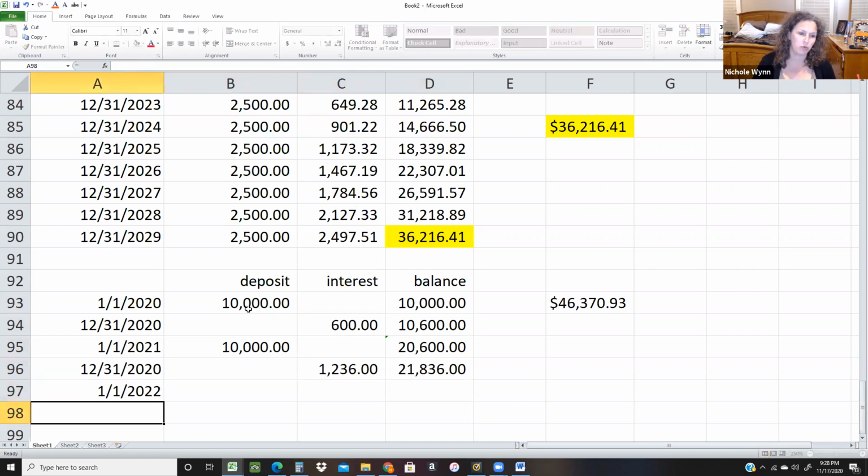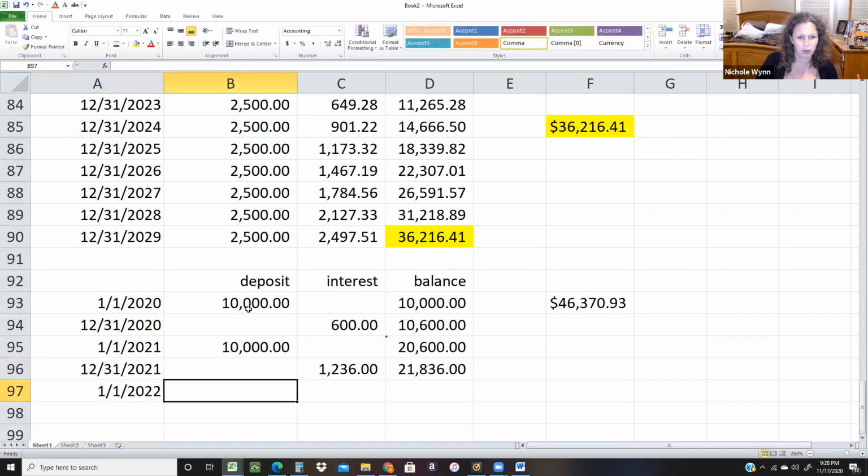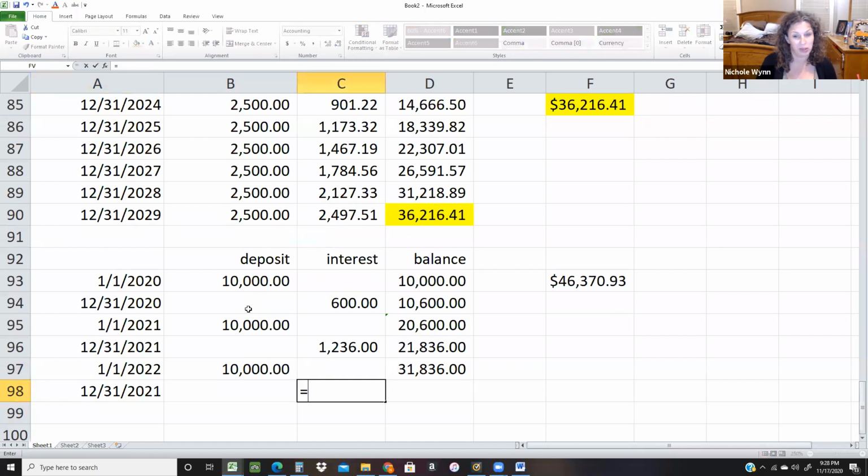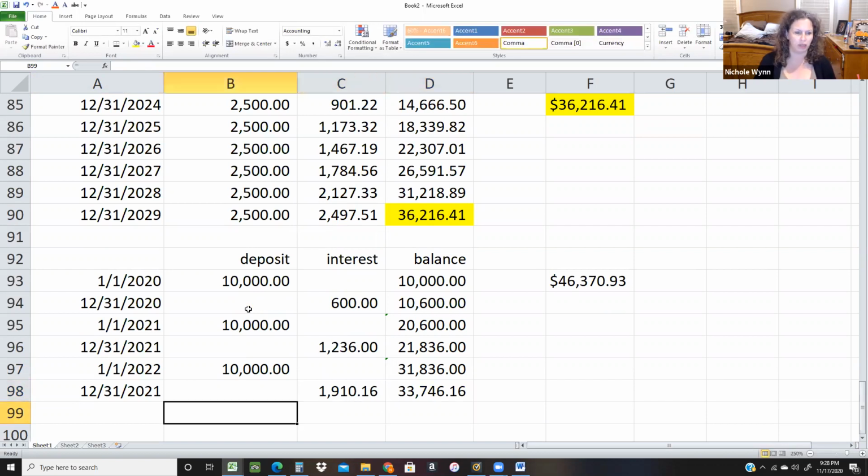Then on 1/1 of 22, I'm going to deposit, sorry, this is 12/31/21. On 1/1 of 22, I'm going to deposit another $10,000. And so then my balance grows to 31,836. So now my balance is 33,746.16.